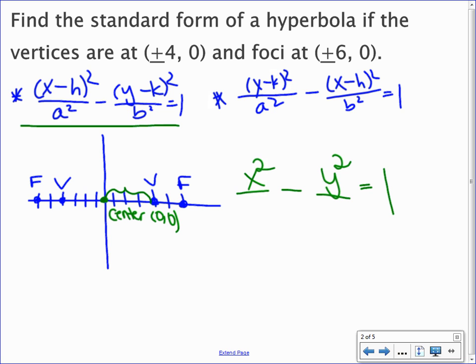So that gives us a, so 16 goes there. What else can we get from this picture? c is 6. All right, now we need b squared. How can we relate a, b, and c?